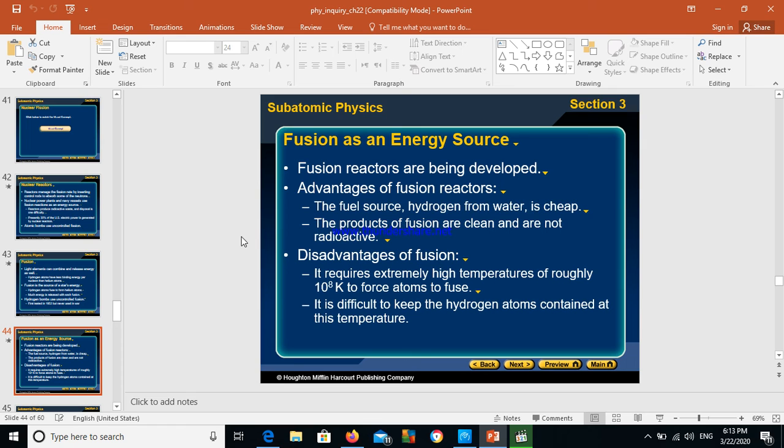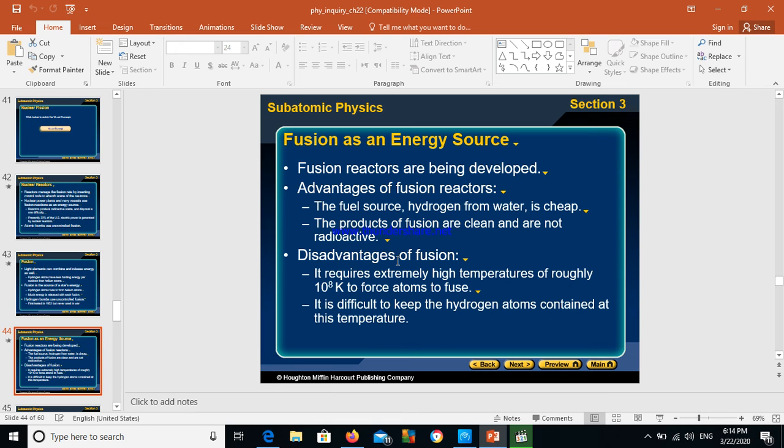Fusion as an energy source. Fusion reactors are being developed. Advantage of fusion reactors: the fuel source, hydrogen from water, is cheap. The products of fusion are clean and are not radioactive.